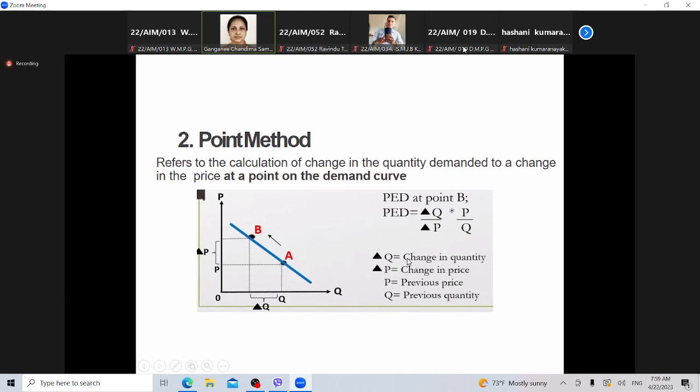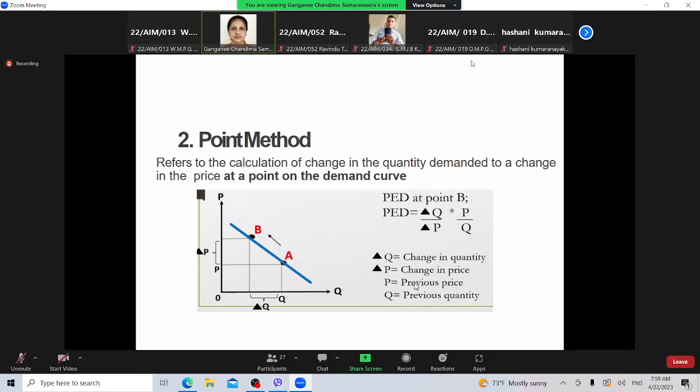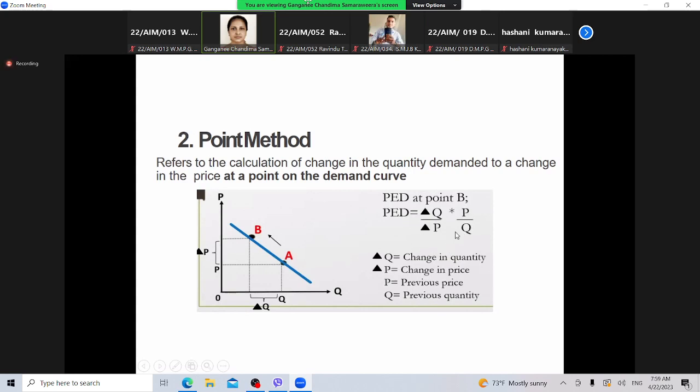If you know these points clearly, what is the change in quantity, what is the change in price, what is the previous price, what is the previous quantity, then very easily you can calculate the price elasticity of demand at any point. But you have to give this information.